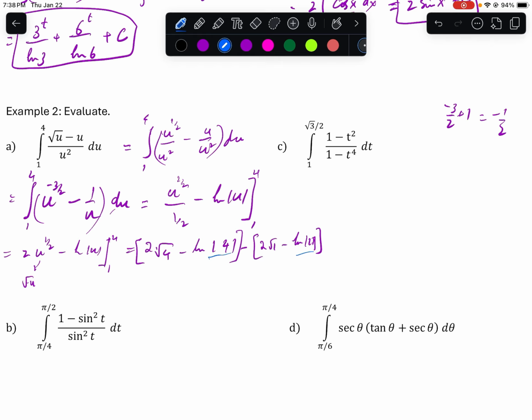So applying the limits, I'll just simplify. 2 times square root of 4, square root of 4 is 2, and then we have 2 here, so we get 4 minus ln of 4, and then I have minus 2, and then I have plus ln of 1. Ln of 1 is 0.